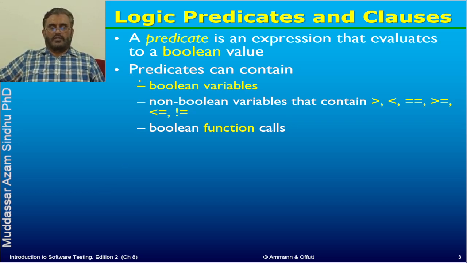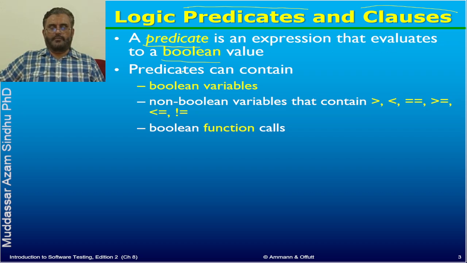So the basic logical expression is called a predicate, and it can actually contain clauses, one or more. So what is a predicate? A predicate is an expression that evaluates to a Boolean value. So generally speaking, a predicate will always evaluate to true or false.